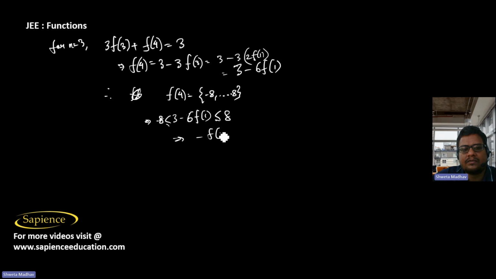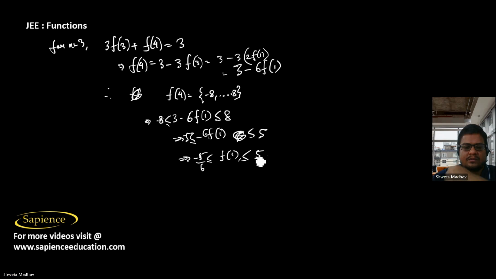So therefore minus 6 f of 1 should belong to, yeah, going from -11 to 5. Therefore f of 1 should go from, divided by -6, so -5 by 6 to 5 by 6. No, f of 1 is going from -4 to 4.